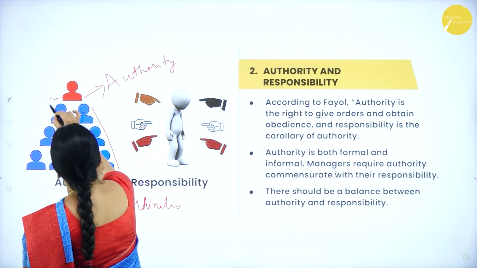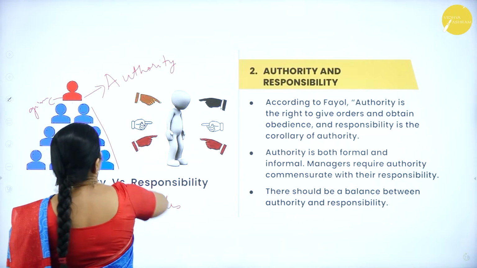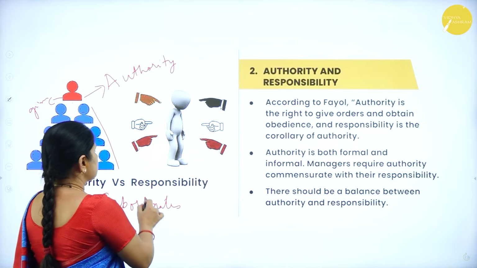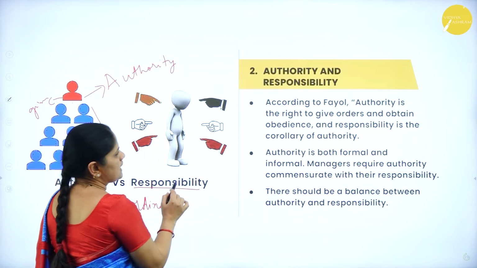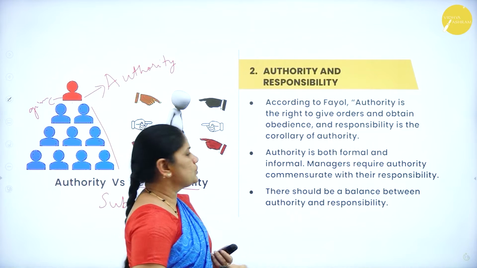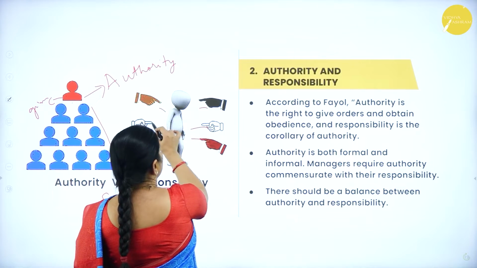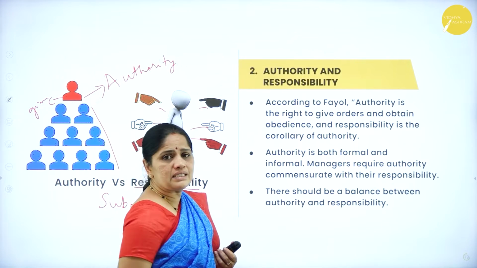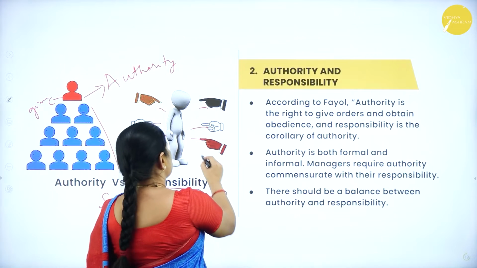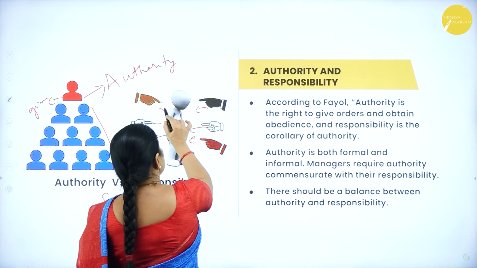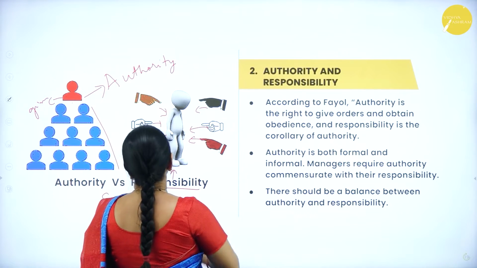So he gives orders. And responsibility means who has done the job. So whenever we look into the responsibility aspect, we see people pointing fingers. So who has done this job? So this is the responsibility aspect which is being shown here.